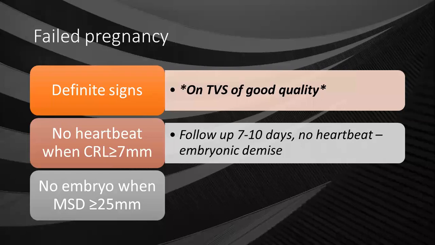How they came up with these cutoff values is they took into consideration intra-observer variability, because back then they used to take maybe a CRL of approximately 5 to 6 millimeters, and then they would make a diagnosis that if we don't see a heartbeat at this CRL, then this is an embryonic demise.